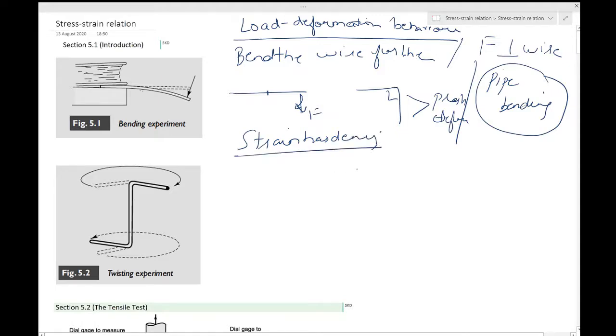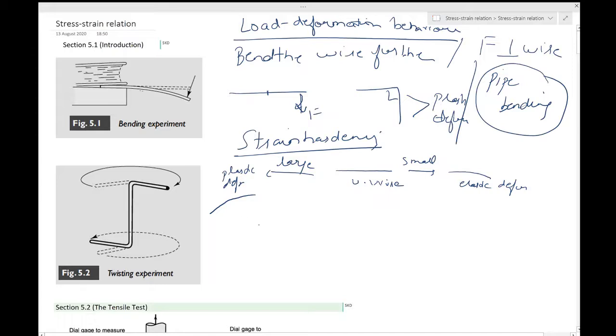So let's say this is your initial undeformed wire. Apply a small load, it will be an elastic deformation. Apply a large load, it will be a plastic deformation, meaning it would have bent something like this.